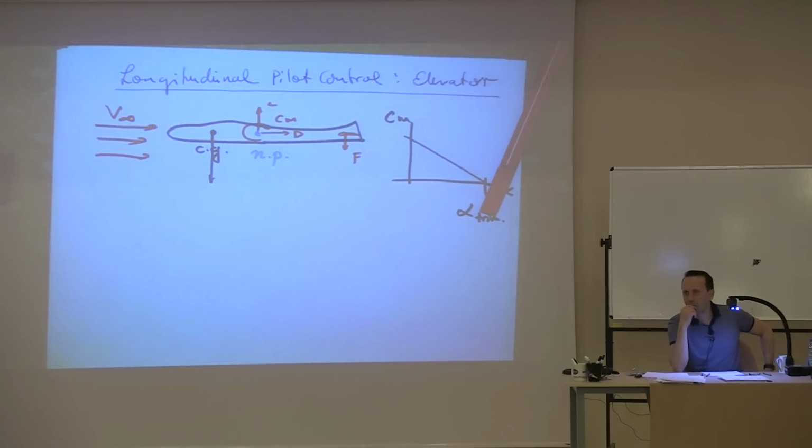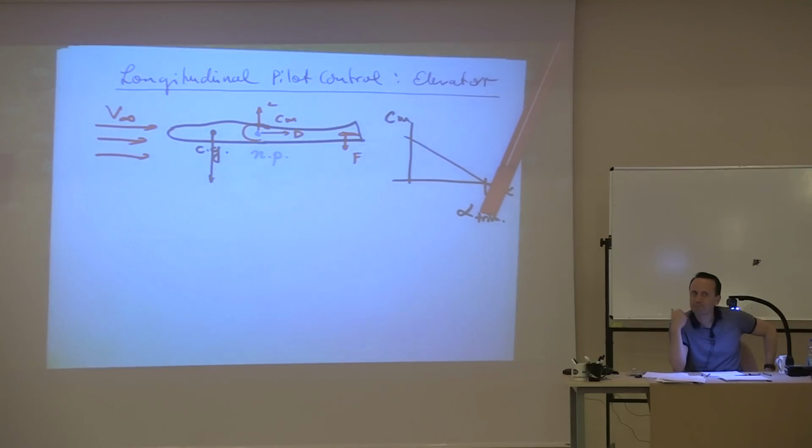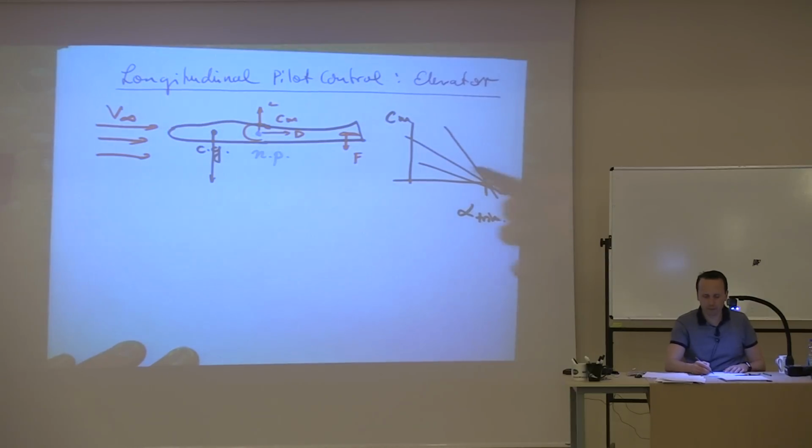There would be a problem though. One problem would be you need to carry a lot of weight, and that would be not practical, right, for one thing. But there's one more thing. If you move the weight, you will also change the static margin. And because you change the static margin, you will suddenly start changing the slope of this curve, right?